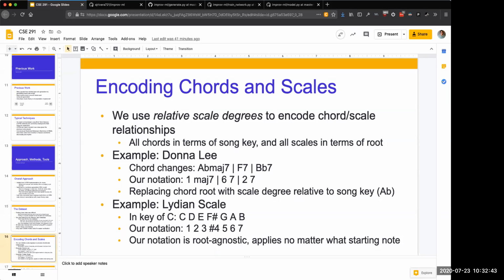So instead of a major seventh, F seventh, B flat seventh, you have 1 major 7, 6, 7, 2, 7. And then the same thing applied to the scales. So we had the numbering in terms of the root, so that we could transpose it into any key without having to worry about changing the scale in some way.